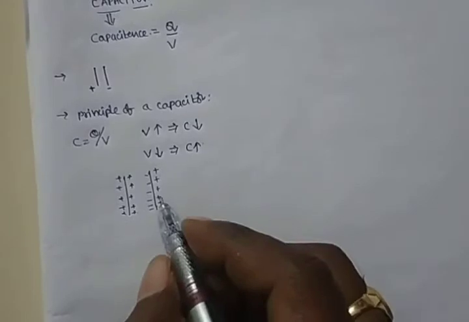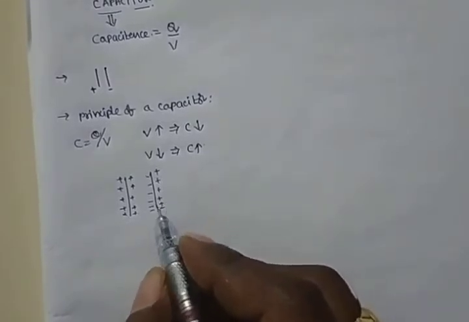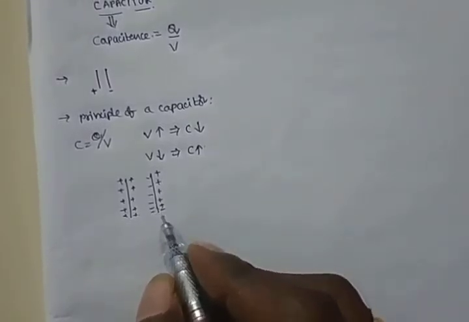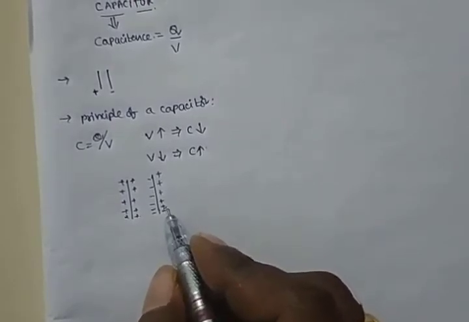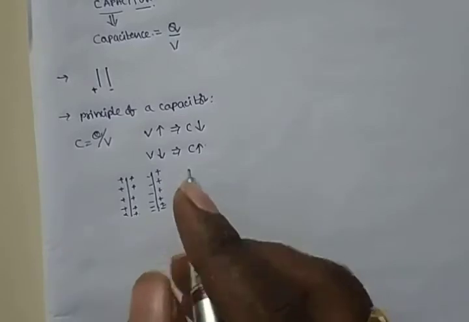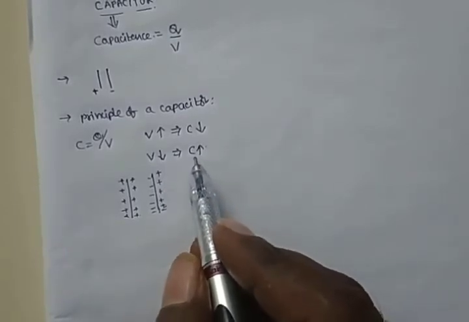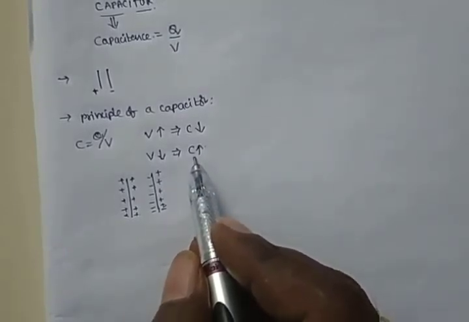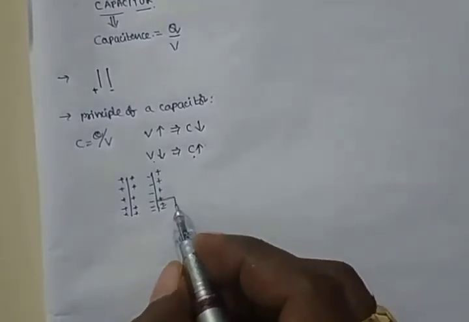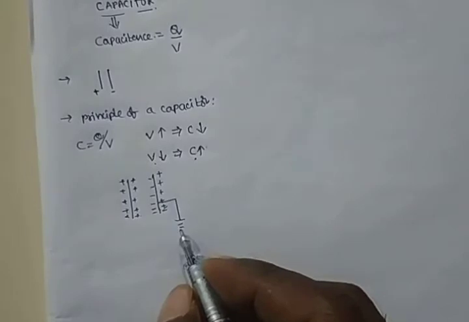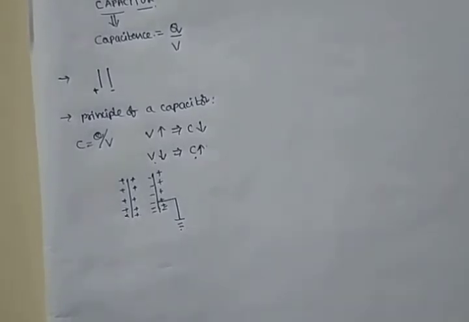Due to the negative charge the potential decreases, and due to the positive charge the potential increases. We want to increase the capacitance, which means we want to decrease the potential. So the outer side of the second plate should be connected to earth.